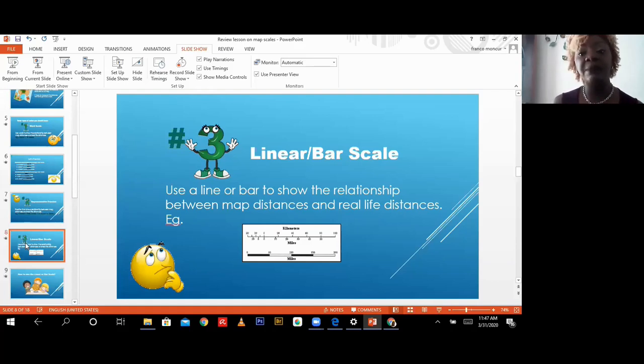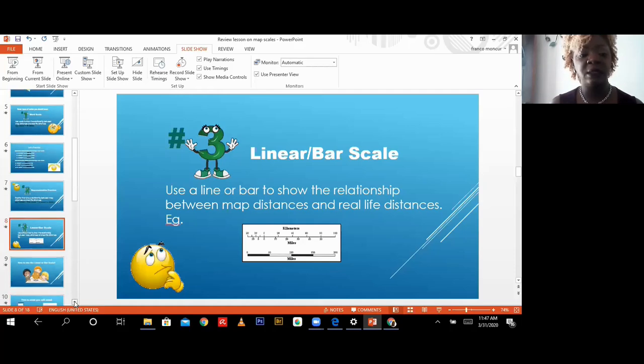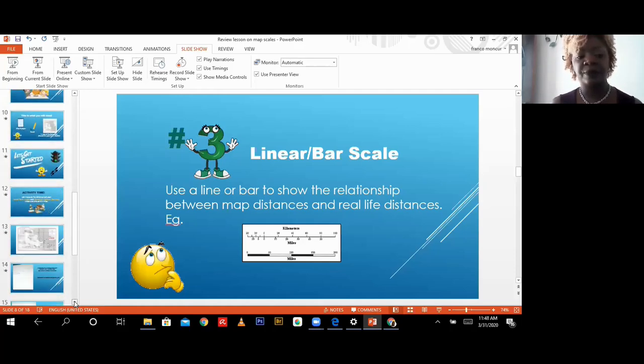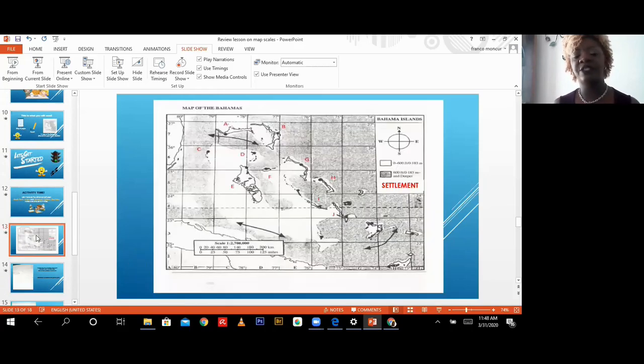So don't measure kilometers if the question asks for your answer in miles, because even if your kilometers are correct, you may still get it wrong because you didn't follow the instructions. Okay? We also reviewed under linear or bar scale how and why it is so important for us to not only know the islands of the Bahamas, but to know their settlements so that we are able to measure the distance properly and carefully.